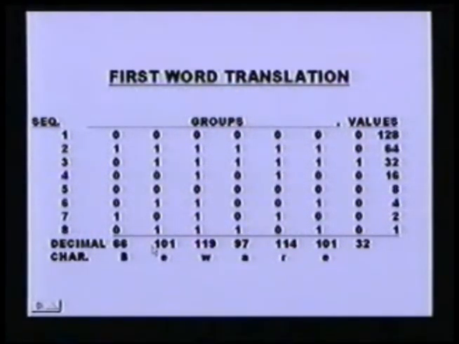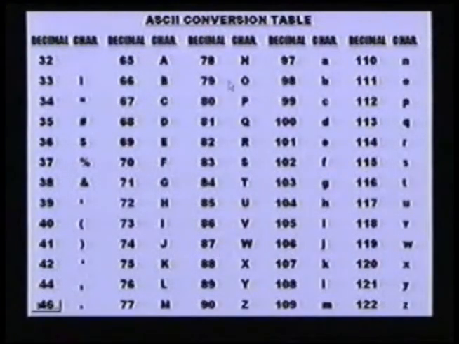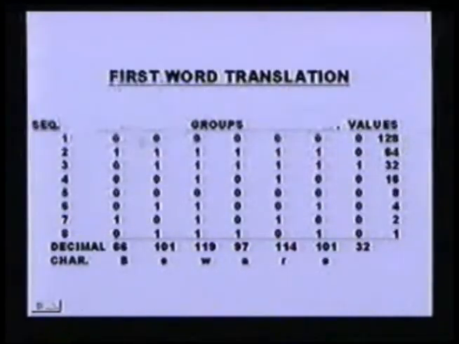For instance, the first group has a decimal value of 66. When you find this number of 66 in the table of sequential values, you find that it corresponds to the capital letter B, which is the first letter here. The second group has a decimal value of 101.